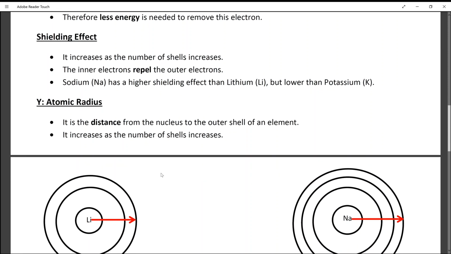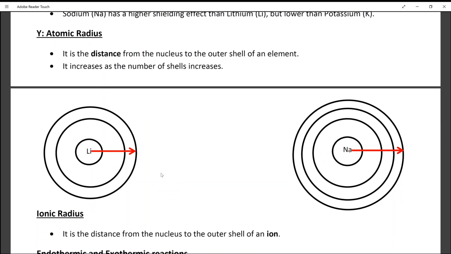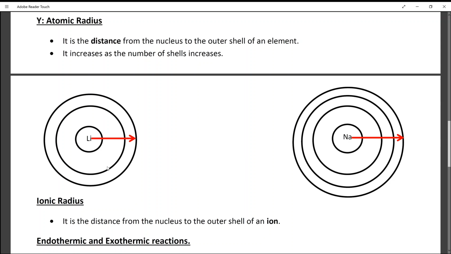The atomic radius is the distance from the nucleus to the outer shell of an element. And of course, it also increases as the number of shells increases. We'll see here, lithium has 2 shells, sodium has 3 shells. The outer shell of lithium is closer to the nucleus, while the outer shell of sodium is further from the nucleus. That's why sodium has a bigger atomic radius.